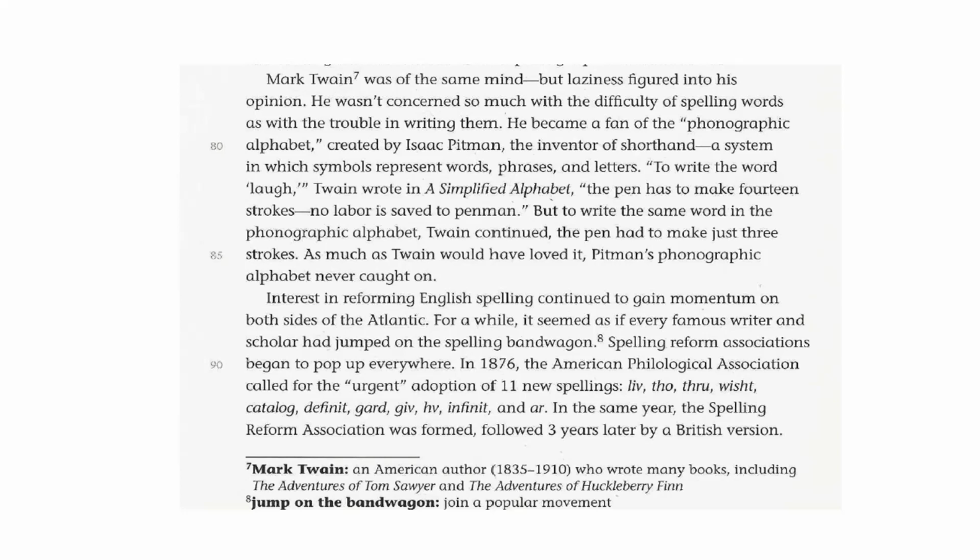In 1876, the American Philological, not philosophical, Philological Association called for the urgent, which means immediate, adoption of 11 new spellings: live, though, through, whist, catalog, definite, guard, give, HV, infinite, and R. That HV is probably who've. In the same year, the Spelling Reform Association was formed. Look at that.